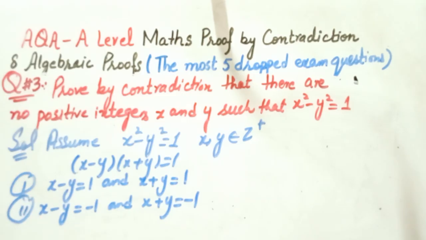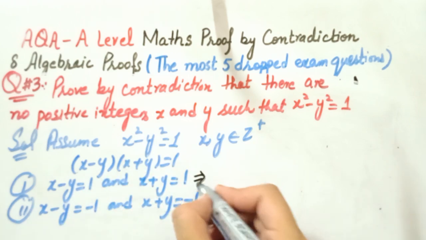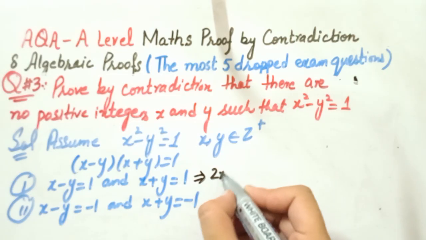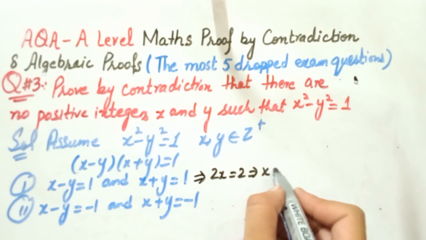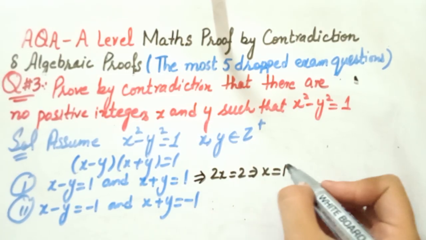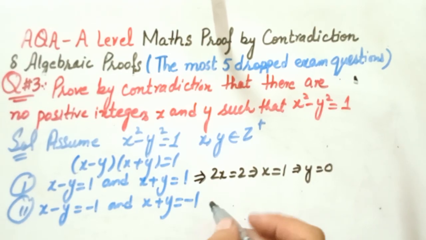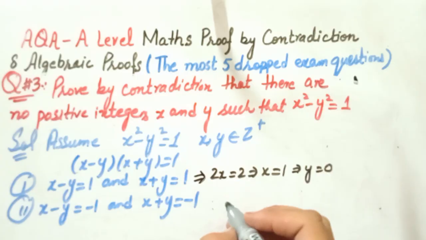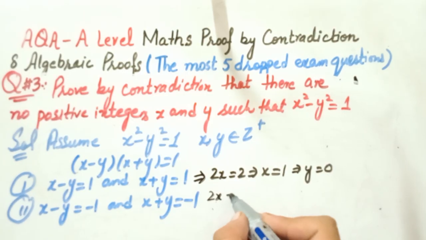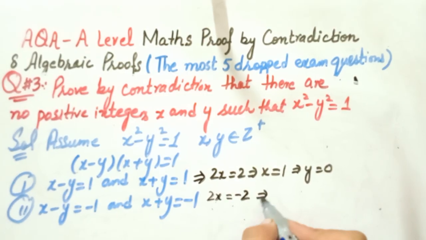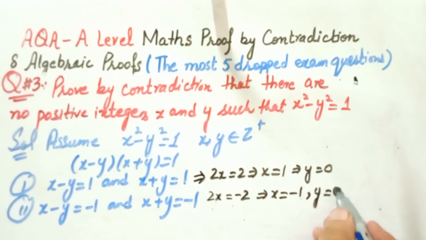You can see that first of all we will add both of them. This implies 2x equals 2 and x equals 1. When x is 1, y is 0. From the second case we have 2x equals minus 2, which implies x equals minus 1 and y equals 0.